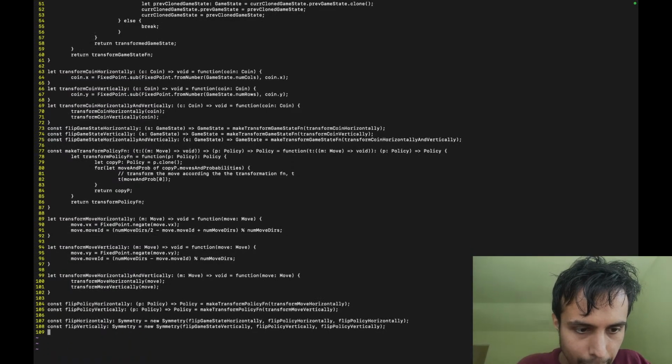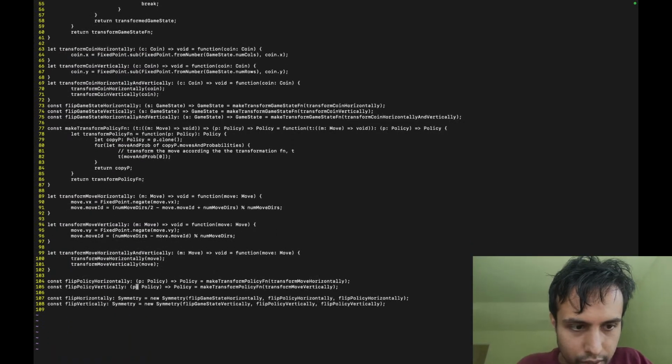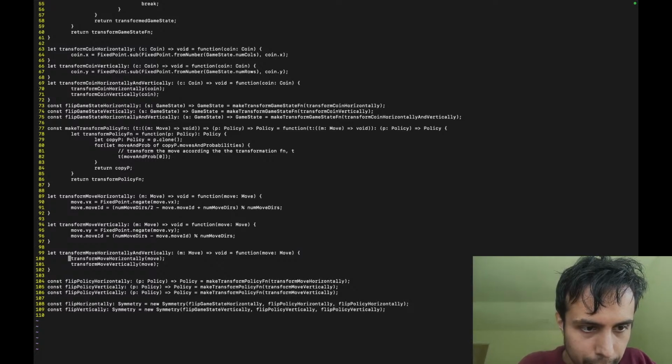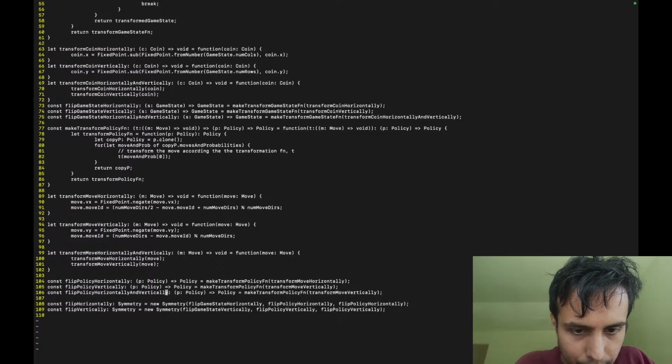That's good. So now let's create this new function here called flip policy horizontally and vertically. That's the transform policy function, not transform move vertically, but rather the composite transposition of the move. Just like that.